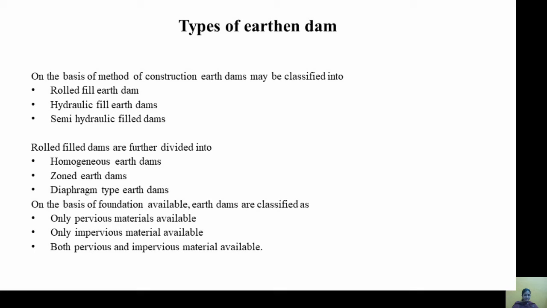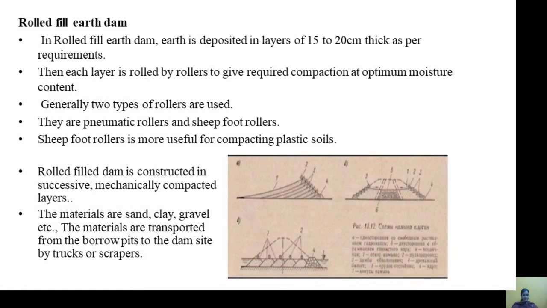The roll-filled earth dams are further divided into homogeneous earth dams, zoned earth dams, diaphragm type earth dams. On the basis of foundation available, earth-filled dams are classified as only pervious materials available, only impervious materials available, both pervious and impervious materials available.